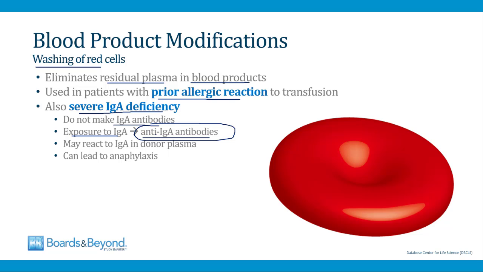If that happens, and then a blood product transfusion contains IgA in the donor plasma, that can lead to an allergic reaction and possibly anaphylaxis. So in patients with a severe IgA deficiency, the red cells are washed to try and eliminate any residual plasma, including possibly any IgA antibodies in the donor plasma.